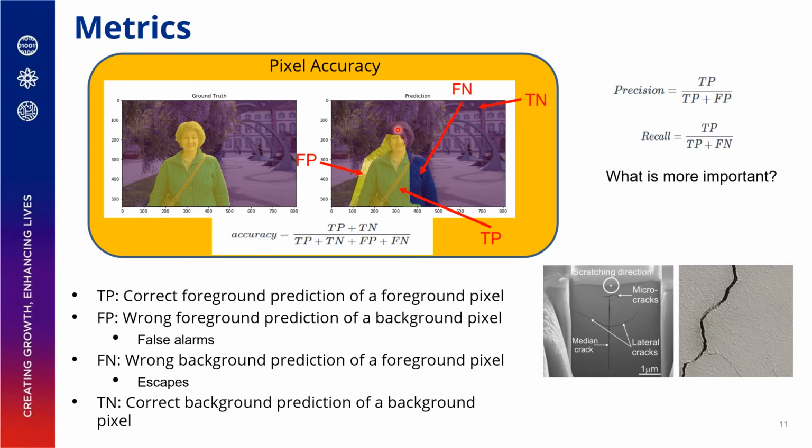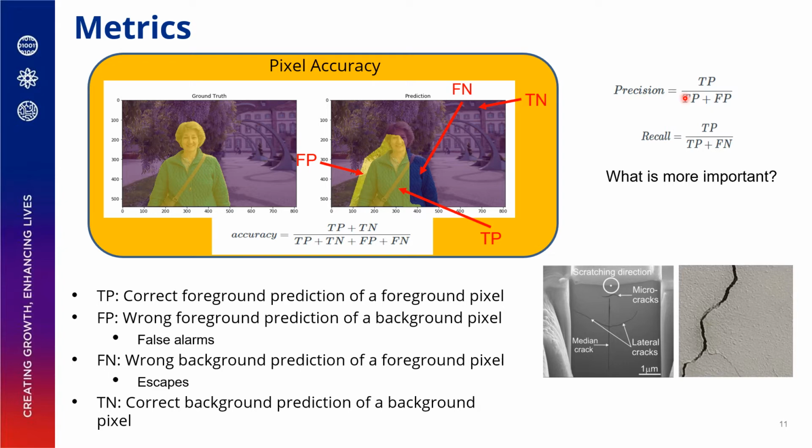What happens to precision and what happens to recall as your model accuracy goes down? Your model accuracy will go down once you start getting more true negatives, false positives and false negatives, right? Your precision goes down as you get more false positives, which means that you identify more foreground pixels or foreground hits in areas where there was no foreground.